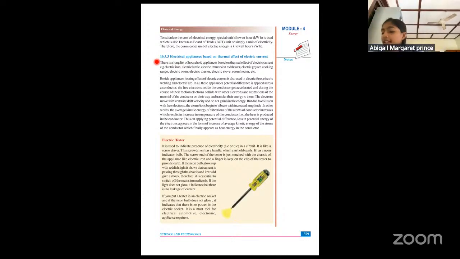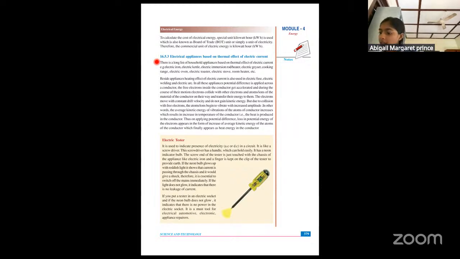There is a long list of household appliances based on the thermal effect of electric current. For example, electric iron, electric kettle, electric immersion rod or heater, electric geyser, cooking range, electric oven, electric toaster, electric stove, room heater, etc. Besides appliances, the heating effect of electric current is also used in electric fuse, electric welding, and electric arc.